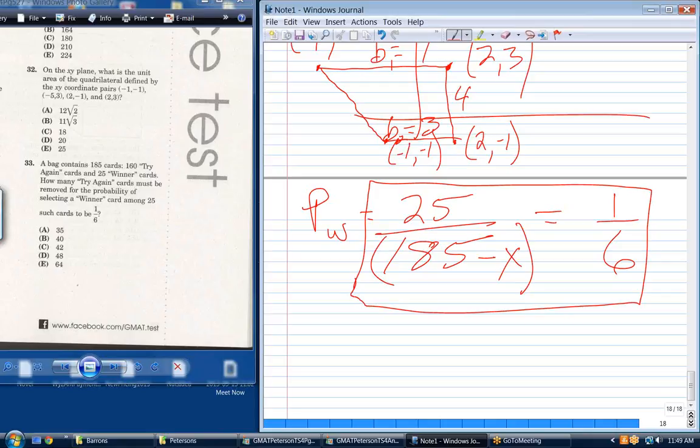Okay. So what do we need the denominator to be for 25 over the denominator to be equal to 1/6? Think of quarters in your pocket. Well, no, that doesn't work for somebody from Denmark.